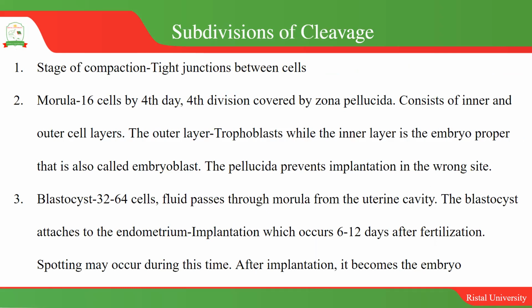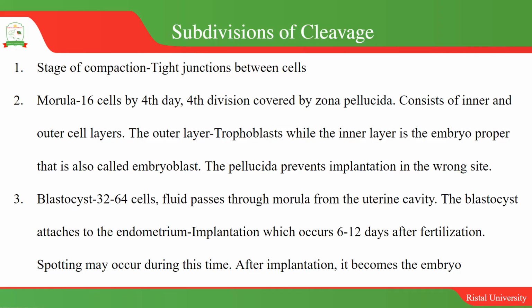And this solid mass of uniform cells is what we call the morula. So how these mitotic divisions happen can be subdivided into 3. Initially, you have 2 cells that have fused, and then these 2 cells now undergo multiple divisions to form blastomeres, and then finally forming what we call the morula.